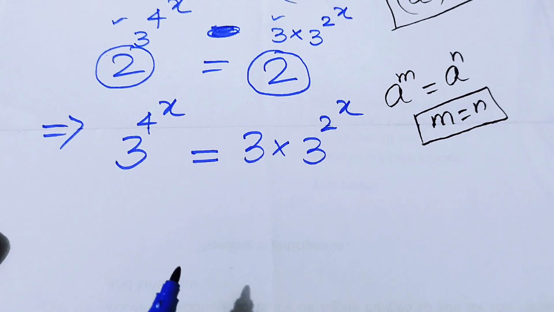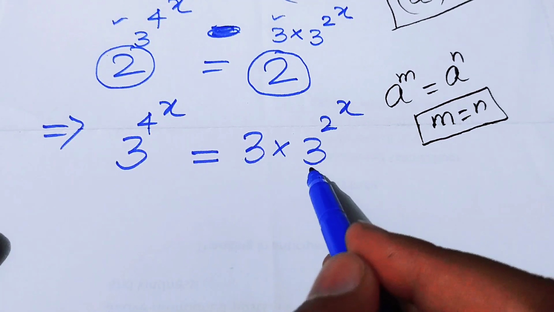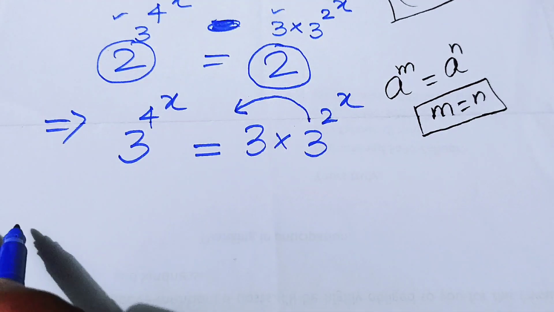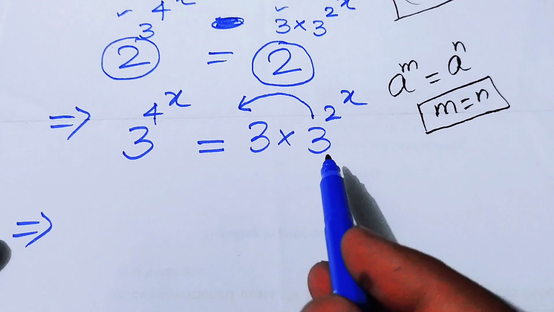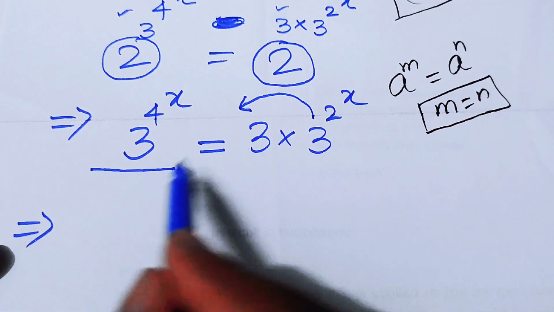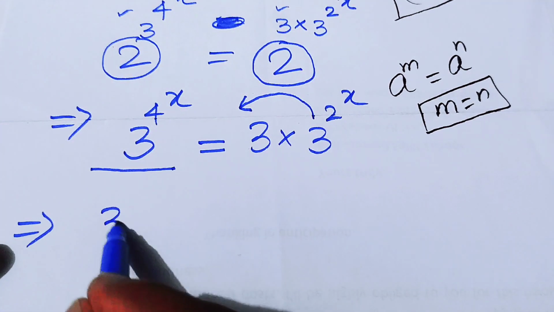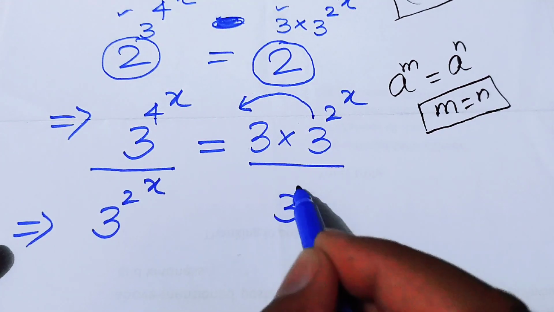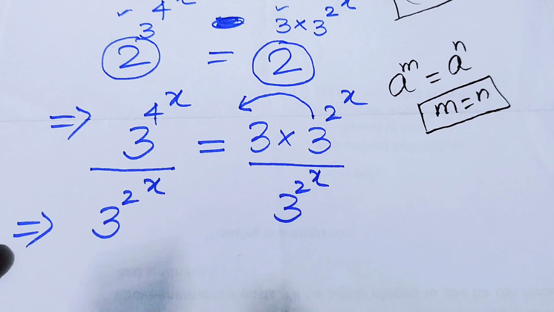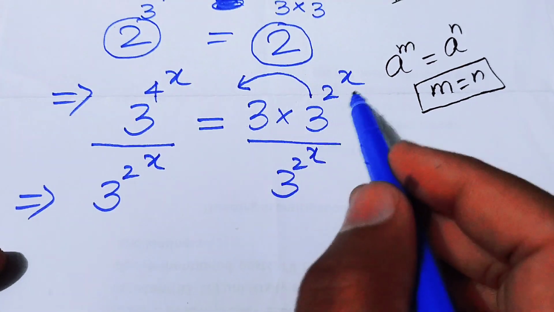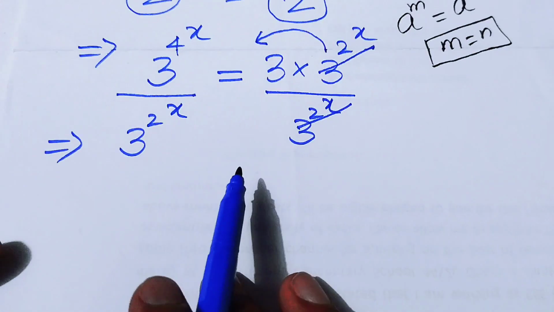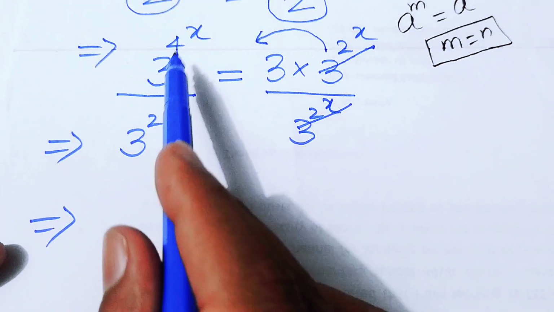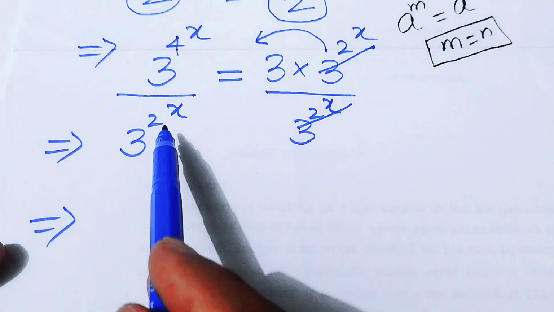So now we move this expression from the right hand side to the left hand side, and we divide both sides by this exponent, so we get 3 to the power of 2 to the power of x, and on the right hand side we again divide by 3 to the power of 2 to the power of x. So this exponent is gone, and finally here you get 3 to the power of 4 to the power of x over 3 to the power of 2x.